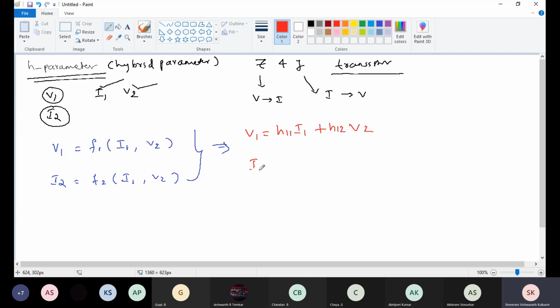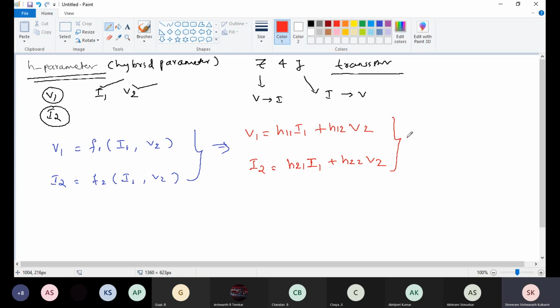Then I2 equals H21 I1 plus H22 V2. These are my linear equations, the relations for V1 and I2 in terms of I1 and V2.